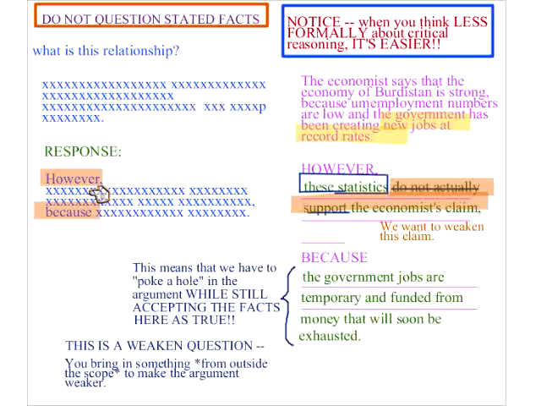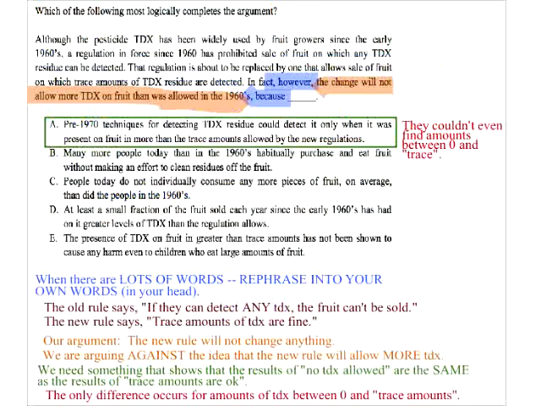Also remember that weaken and strengthen are basically the same thing if you just consider the opposite claim. So there's not a hard line difference between those things. Weakening X and strengthening not X are the same.